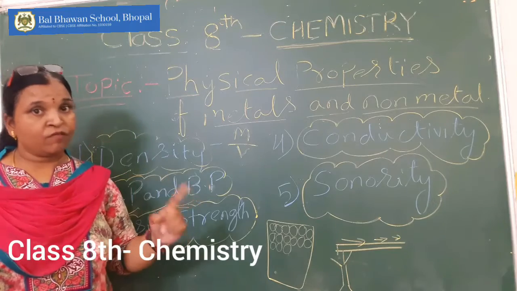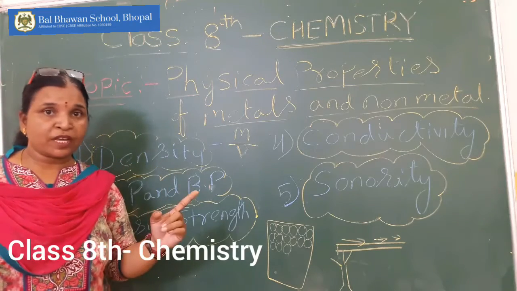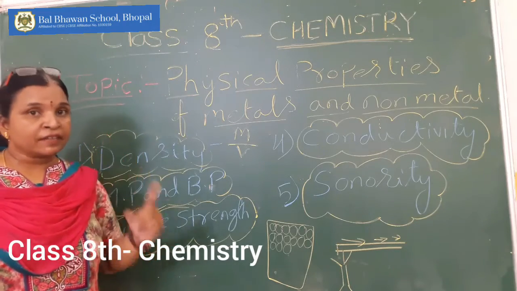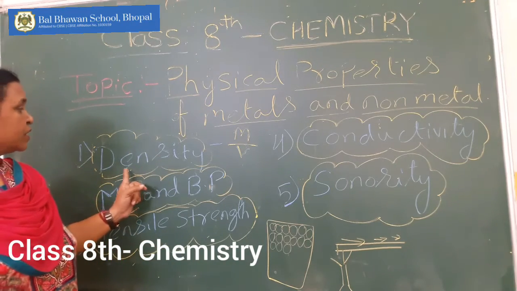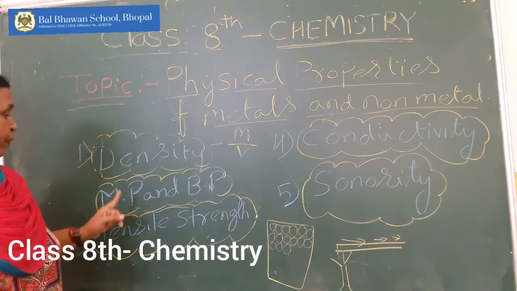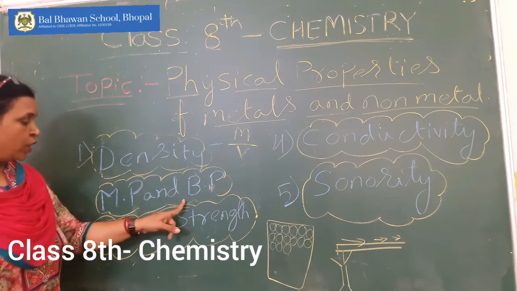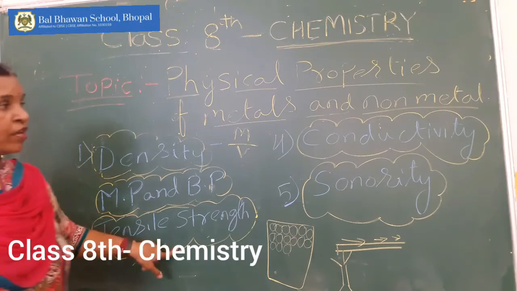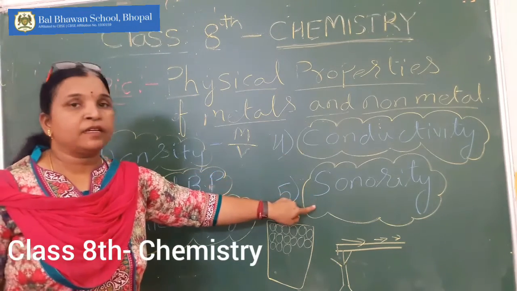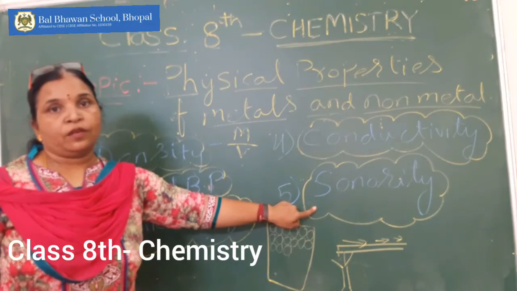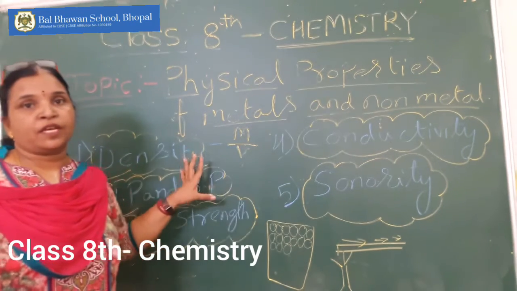Exceptions are there. We have already discussed about the exceptions. Then ductility, and today we have discussed about density, melting point and boiling point, tensile strength, conductivity of heat and electricity, and sonority. Hope you have understood this.